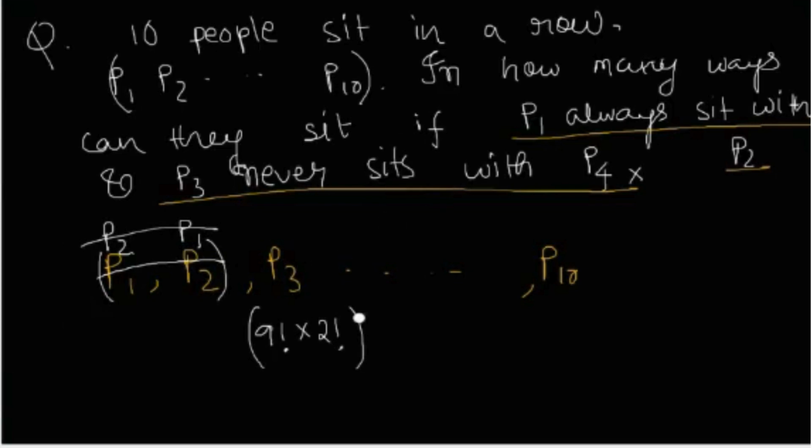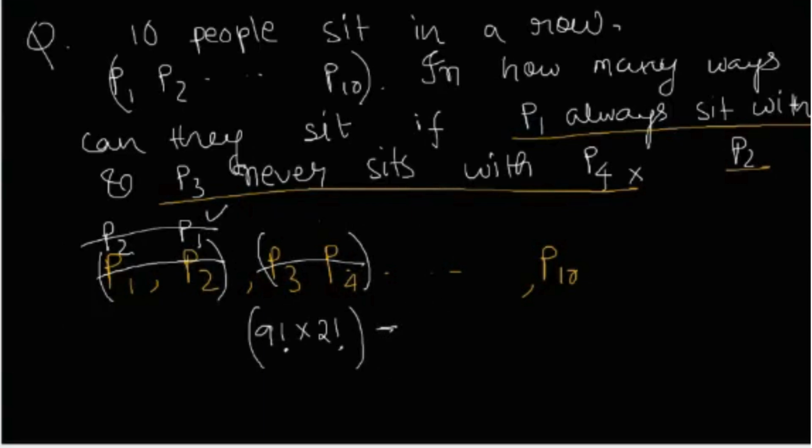Now among these total arrangements, what if I subtract all those arrangements where P3 and P4 sit together as well? If I subtract these arrangements, then I will get all the arrangements where P1 sits with P2, but P3 does not sit with P4. So from here I will subtract. I bundle P3 and P4. How many ways can this happen?